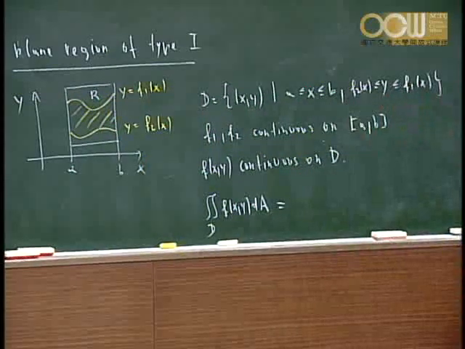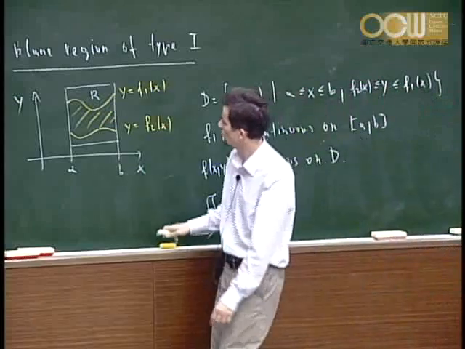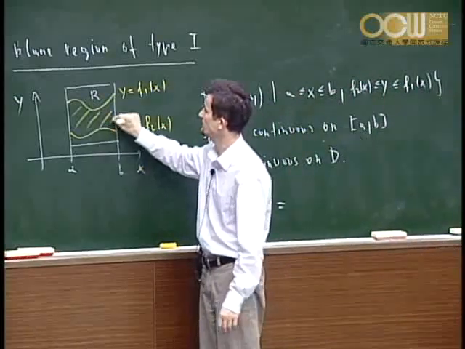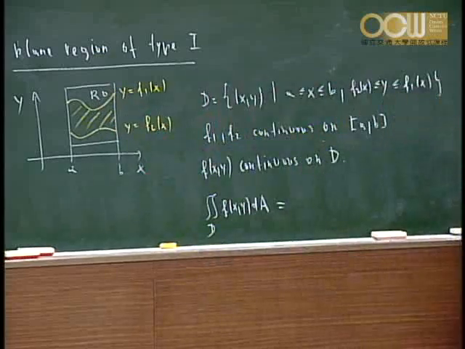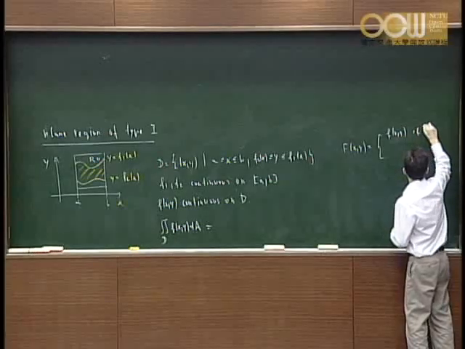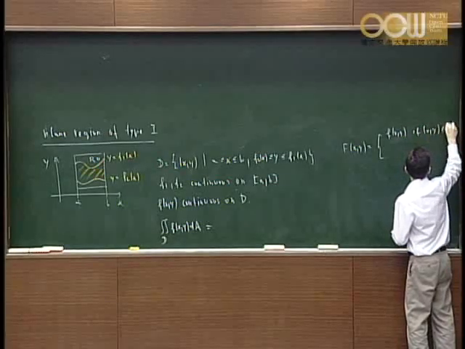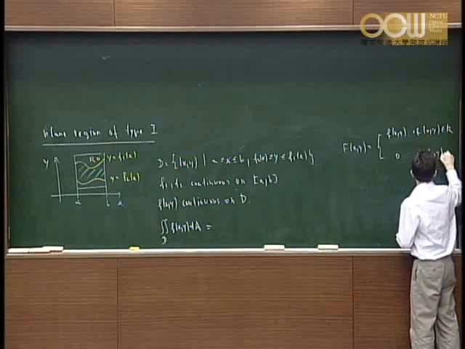And then we define a new function capital F, which coincides with the function inside the domain, and is 0 outside. So we have this function, which is f of x y if x y is in R, 0 if x y is not in R.